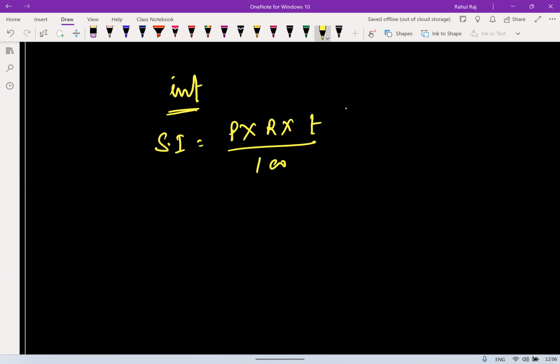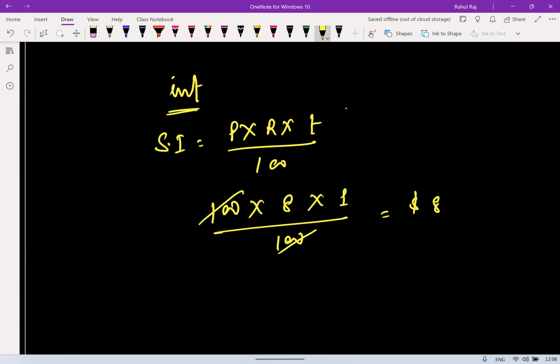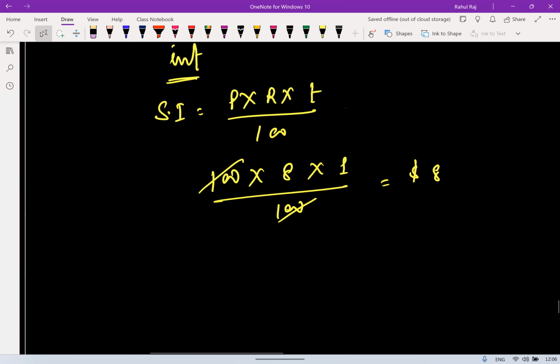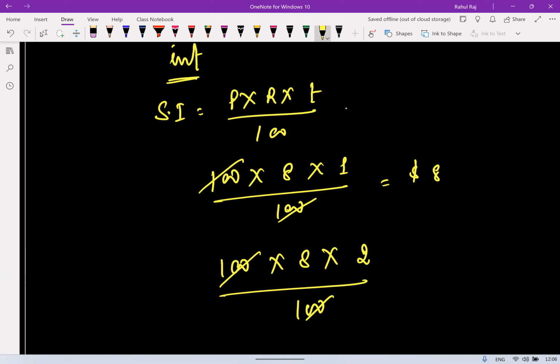So P is the principal amount. Imagine if you put $100 and you are getting interest of 8% in 1 year. So in 1 year, what is the interest that you will get? $8. In terms of simple interest, if you put the same money, $100 for 2 years, what is the interest that you will earn? $16.